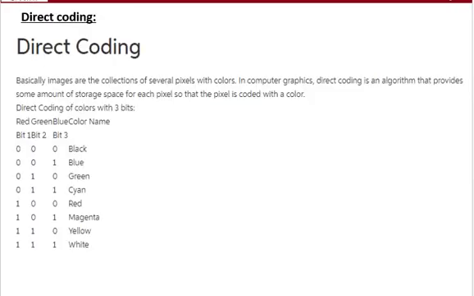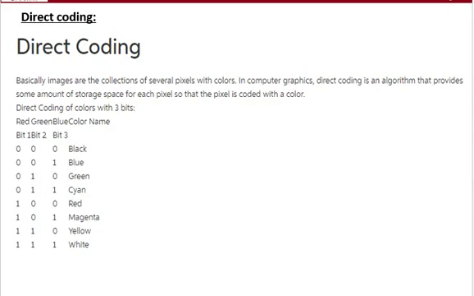Encoding. Basically, images are collections of several pixels with color in computer graphics. Encoding is an algorithm that provides some amount of storage space for each pixel. That pixel is coded with a color. In the direct color we have 3 bits: red, green, blue.